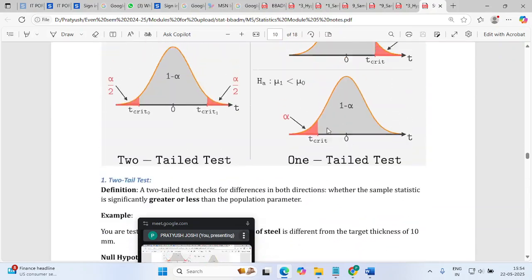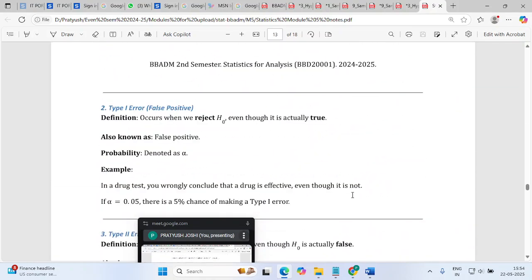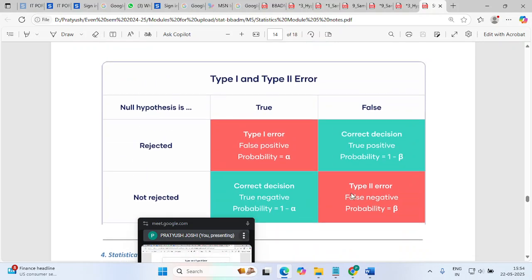You can actually see the diagrams of one-tail test and two-tail test in the notes.